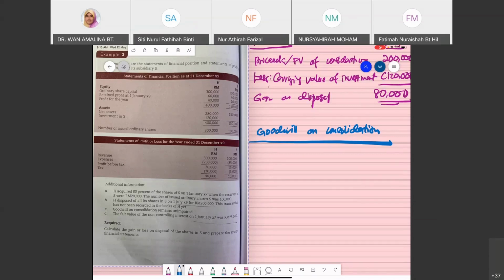So asalnya 80%, dia jual 60%, dia jadi 20%. So as the investor lost control, all 140,000, that is 200,000 minus 60,000 impairment, okay, so all 140,000 is written off against the gain or loss on disposal.